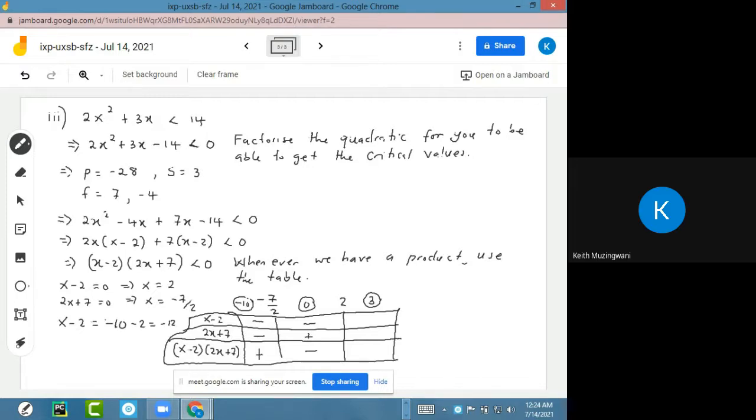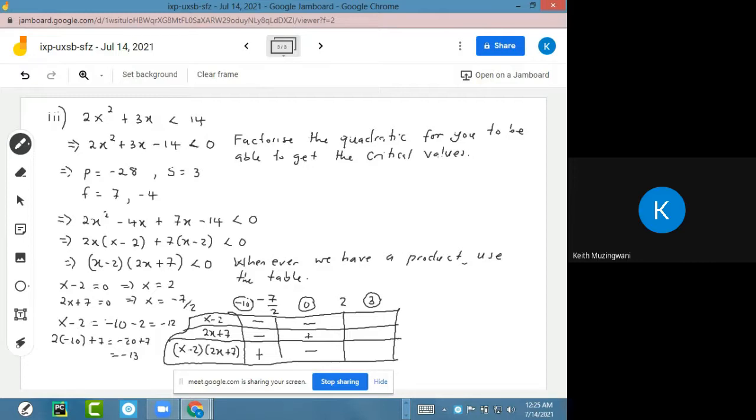Don't bother yourself about the 12. Just get the negative. In the other one, we have 2 times negative 10 plus 7. That is negative 20 plus 7, which is negative 13. Forget about the 13. Your interest is in the negative. Then multiply the two negatives to give us a positive.